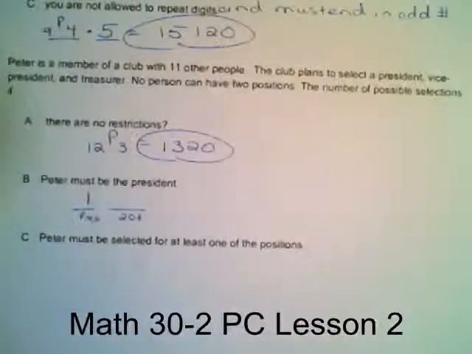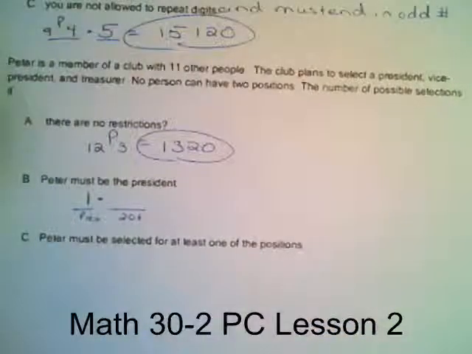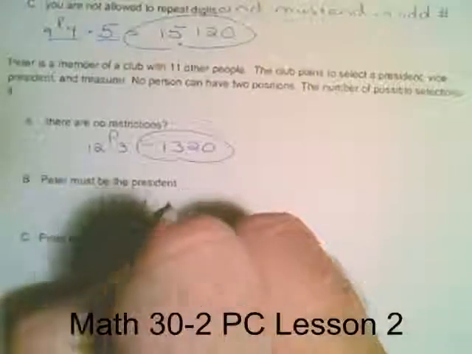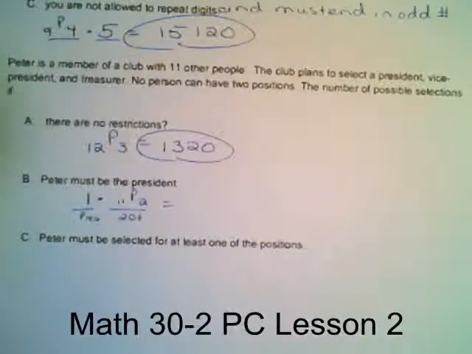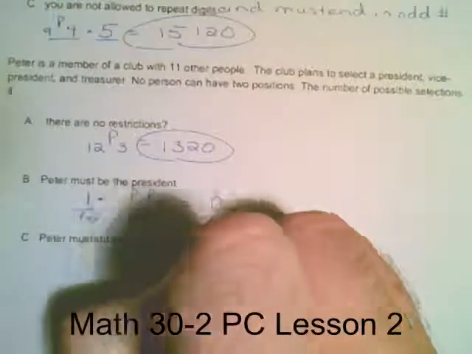If Peter has to be president, then I've got the president plus 2 others. The president, well, there's one choice for president: Peter. That's it. If I'm saying Peter must be president, then there's one choice for president. Now, I've got 11 other people to pick from, and I've got to pick 2 of them.